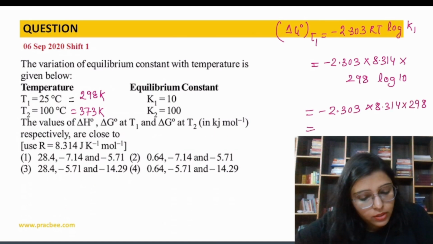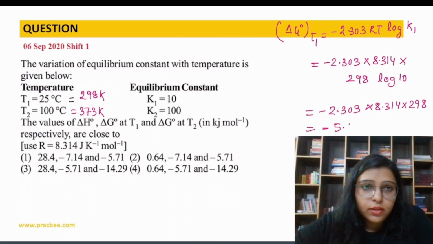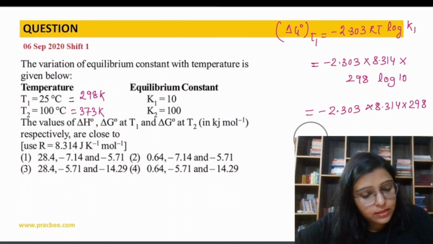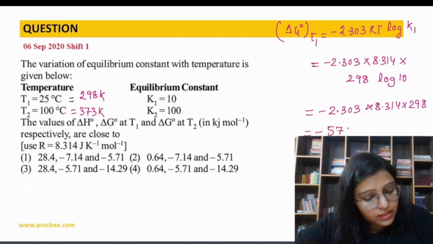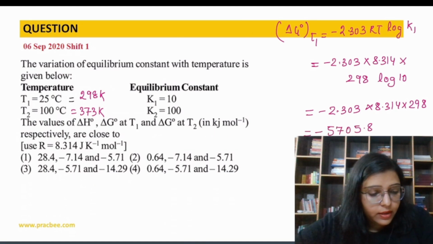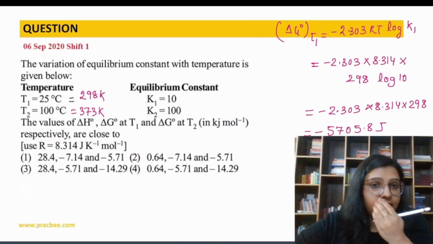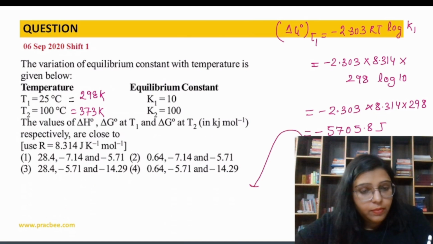So when you solve this, you get the answer equal to minus 5705.8. That is joule, so we can write minus 57.05 kilojoule.